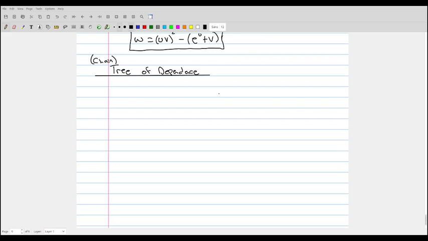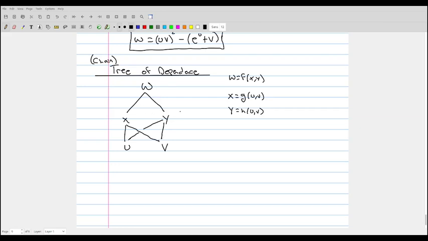So if you have that w is a function of x and y, w is the top of the tree, it then depends on x and on y, and then if x and y themselves are both functions of u and v, so x is some g of u v and y is some h of u v, that means that x depends on u and on v, and y also depends on u and on v.